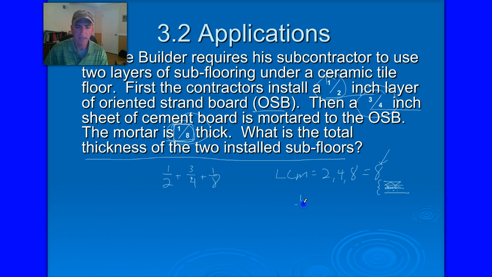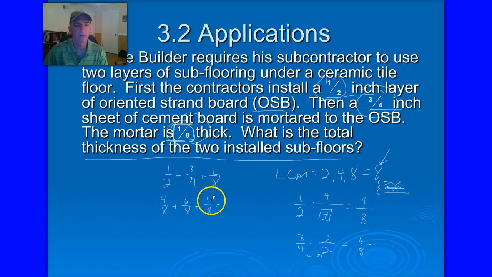So we're going to take the 1/2 times something, puts 8 on the bottom, and that's 4. 1 times 4 is 4. The same thing with 3/4 times something would be 2, because 4 times 2 would give me 8, so I've got 6/8 there. So basically 1/2 became 4/8, 3/4 became 6/8, and 1/8 is 1/8.